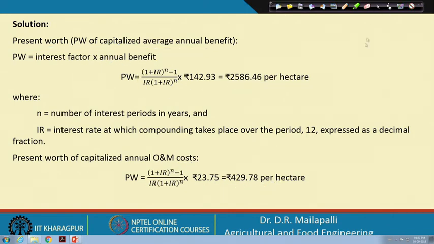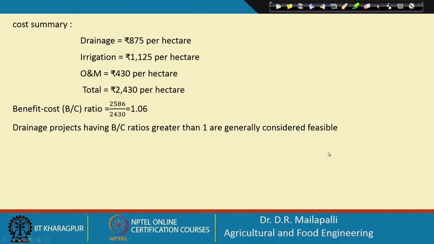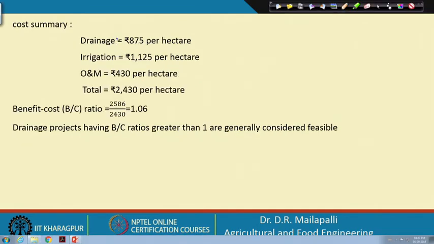Now, the cost summary. The drainage cost is 875 per hectare, irrigation cost 1125 per hectare, operation and maintenance 430 per hectare, and the total is 2430 per hectare.